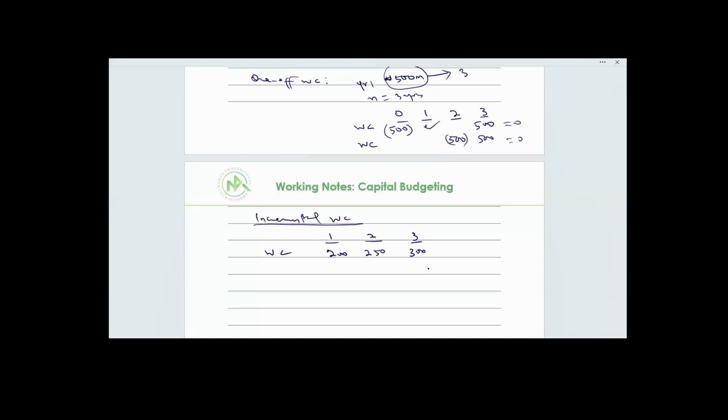So for me to now determine my working capital, I would say working capital for year 1 is 200. It has increased from 200 to 300. Between year 1 and year 2, the difference is 50. Between year 2 and year 3, the difference is 50. So my total working capital will then be equal to 300.